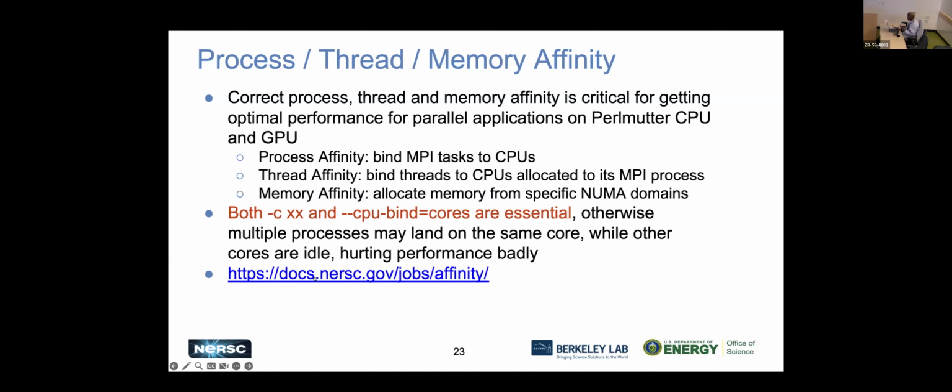Please make sure to check our documentation, which is very detailed, giving you an overview of the different types of affinity settings that you can make use of. Later, we'll also discuss the available job script generator. It's great if you don't know exactly the flags you want to set: you can enter some commands at a high level, and it will generate the script for you.